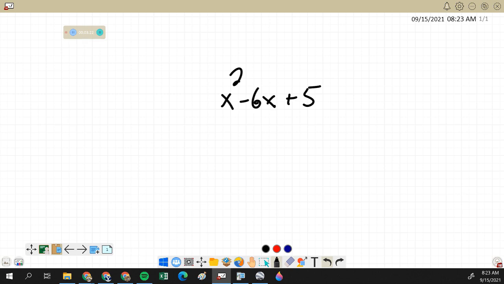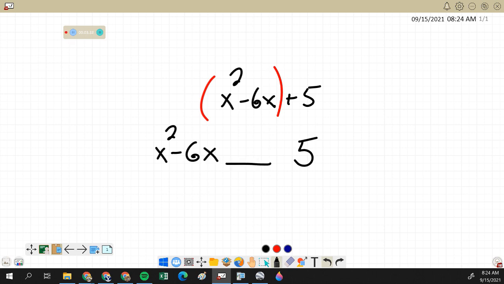Okay, the other way is to complete the square. So I'm going to isolate this x squared minus 6x. I'm going to leave a space, and I've just bumped that 5 over a little bit. And you guys completed the square last year. What number do we put inside there?